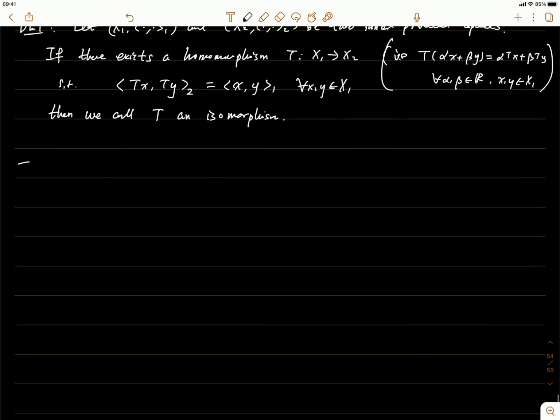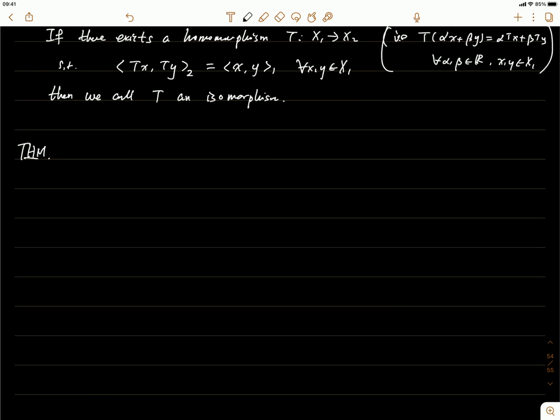Okay, just a side note of that. Now we consider some additional properties of a Hilbert space. For example, we can consider the dimension of a Hilbert space. We can consider if a Hilbert space is separable or not. So for example, let X be a Hilbert space.